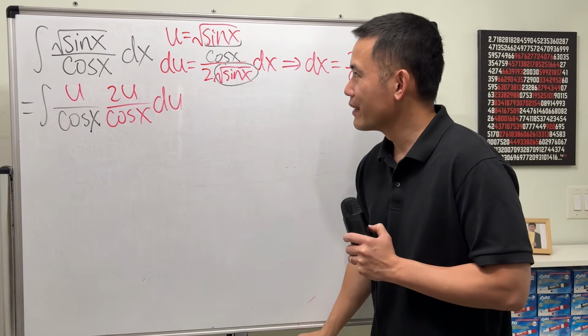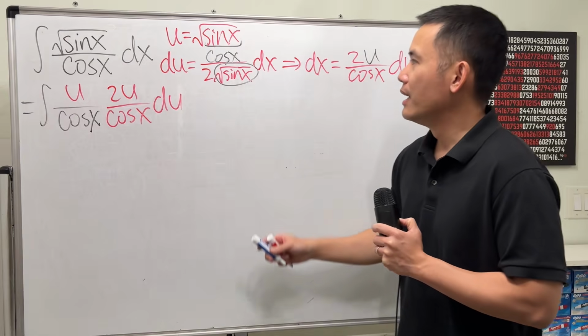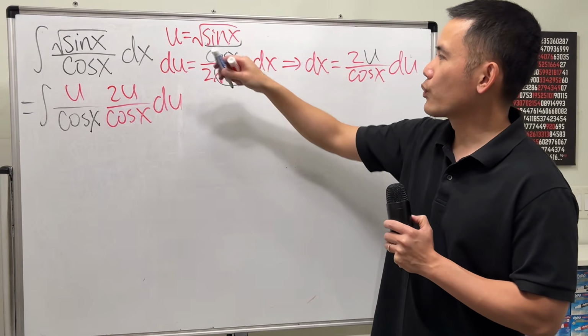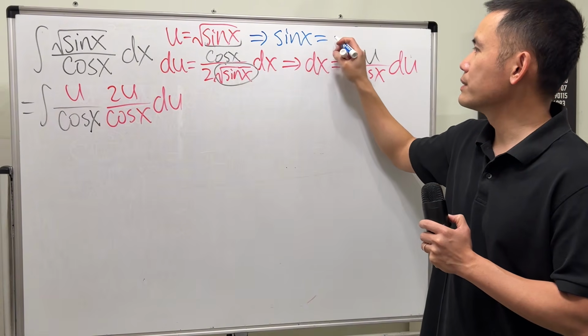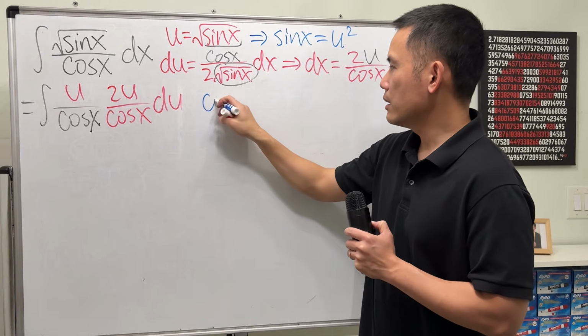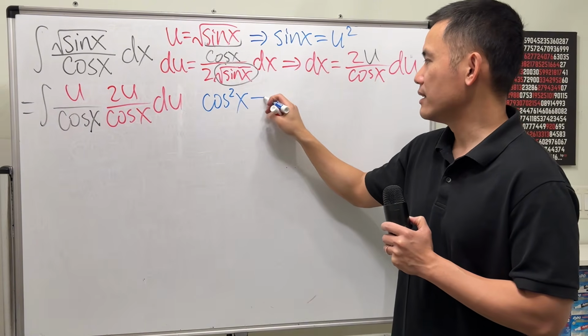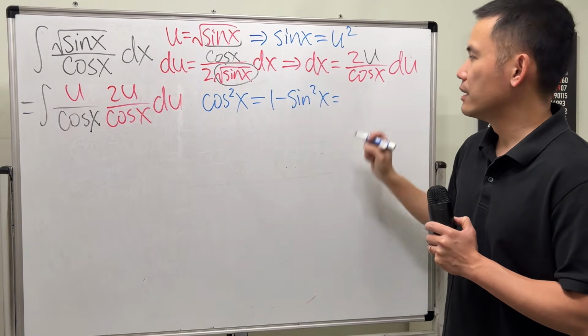Let me show you. On the bottom, we are about to get cosine squared. I'm going to square both sides, so we see that sine x equals u squared. And cosine squared, by the Pythagorean identity, is just 1 minus sine squared.